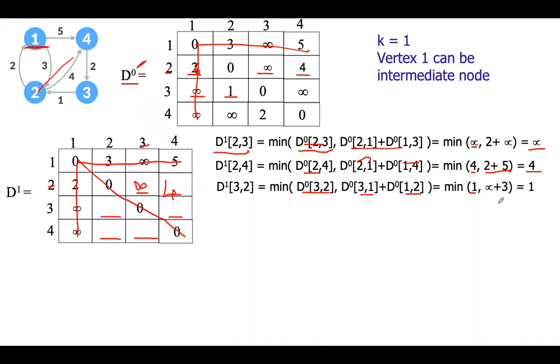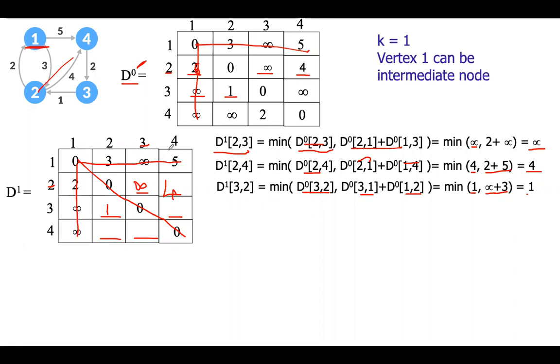Infinite. 3 to 1 is infinite plus 1 to 2. 1 to 2 is 3. Infinite plus 3 is infinite itself. It's a huge value. Minimum of 1 comma infinite is 1. So I will write down 1 here. Is it clear? Next, d1 of 3 to 4 I need to find out.